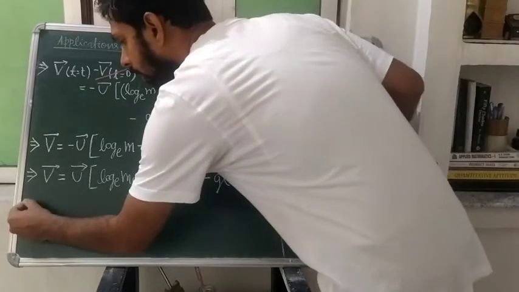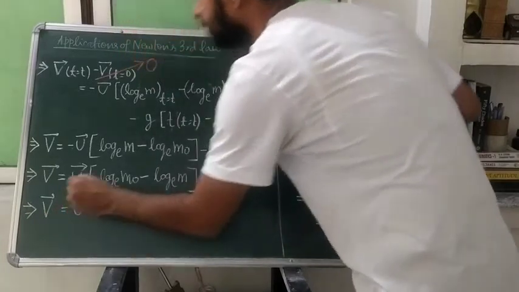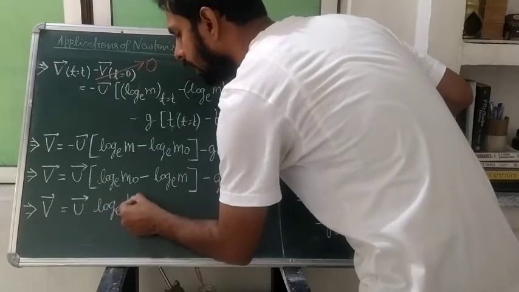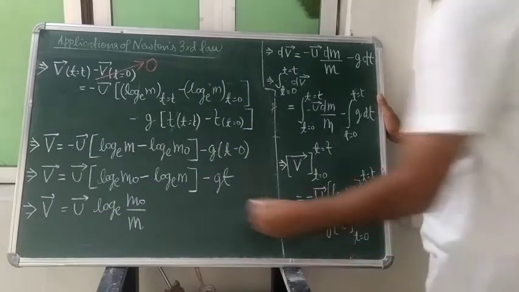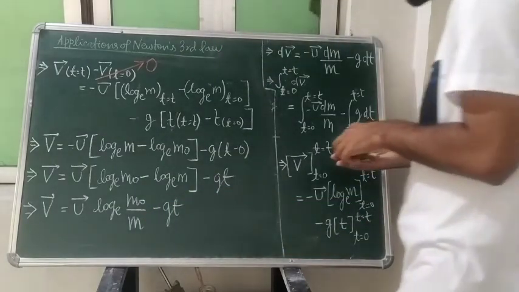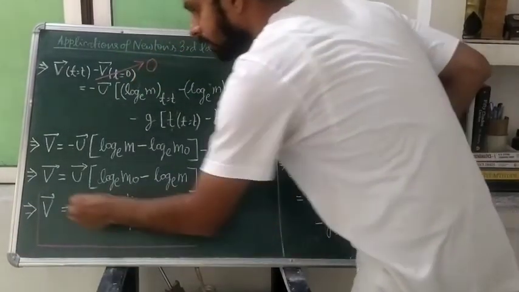And student, our velocity here will become u times log base e of m naught upon m, minus g times t, is the velocity of that rocket at particular instant of time.